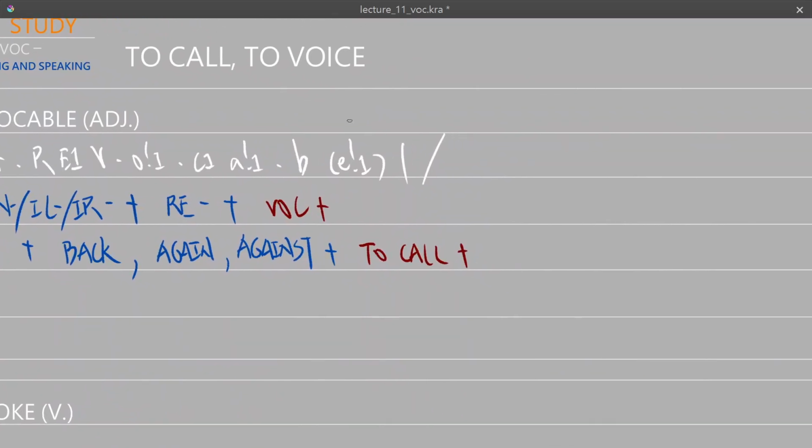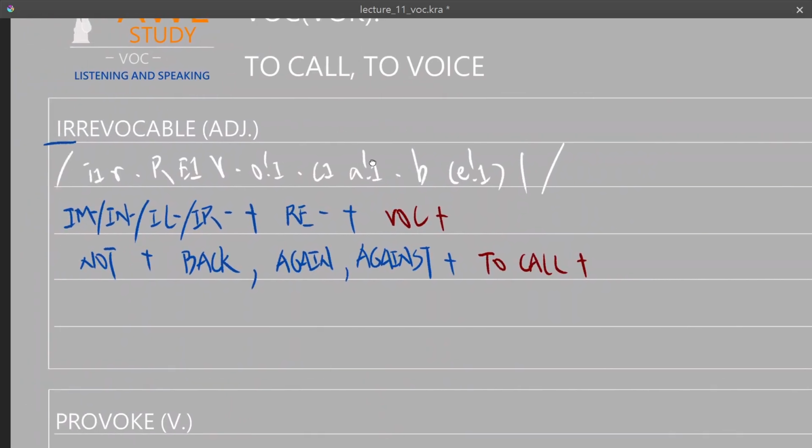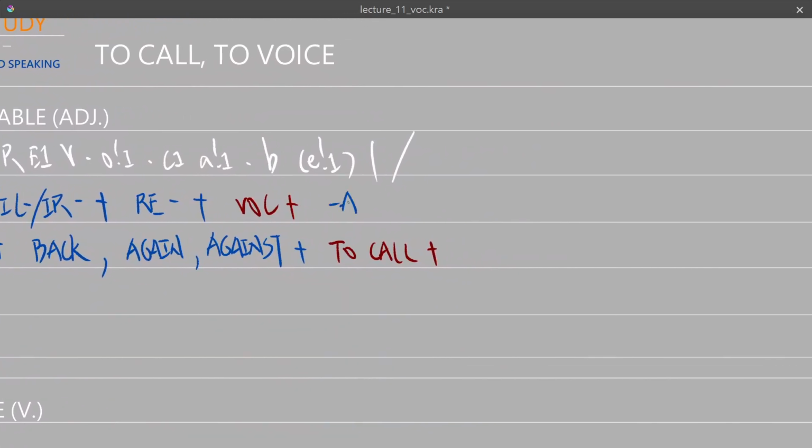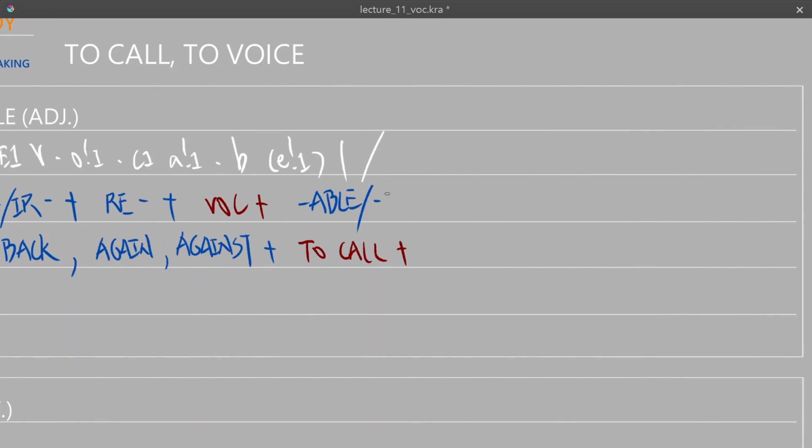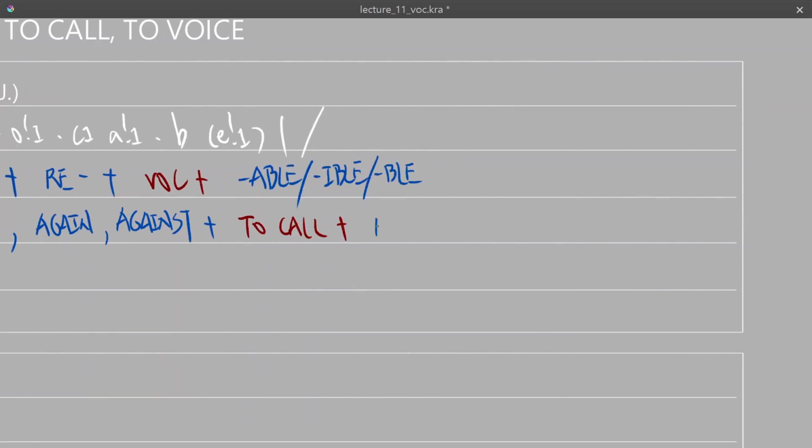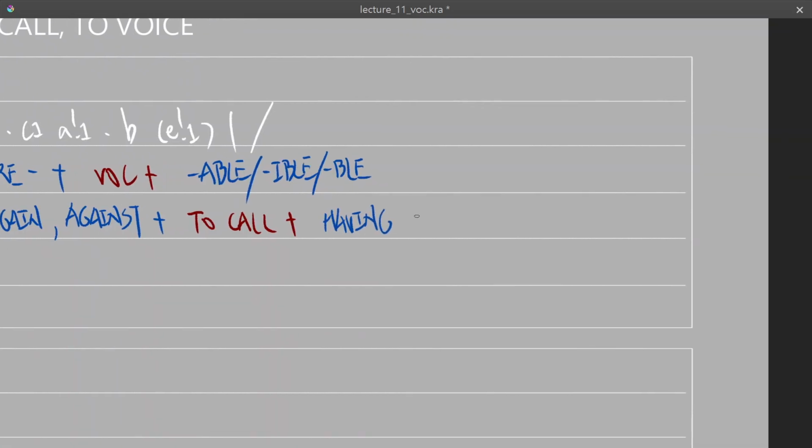And we have the adjective suffix able, or its variants ible or ble, meaning having the ability to do something or being able to do something.